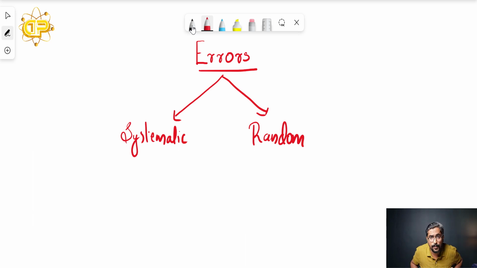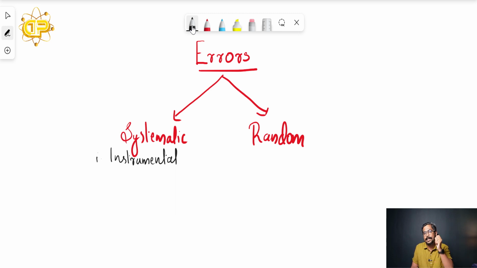So we'll see one by one. Systematic errors: the first and foremost thing is instrumental error. If you're using an instrument which is so old, then year by year, slowly it will show some sort of errors.